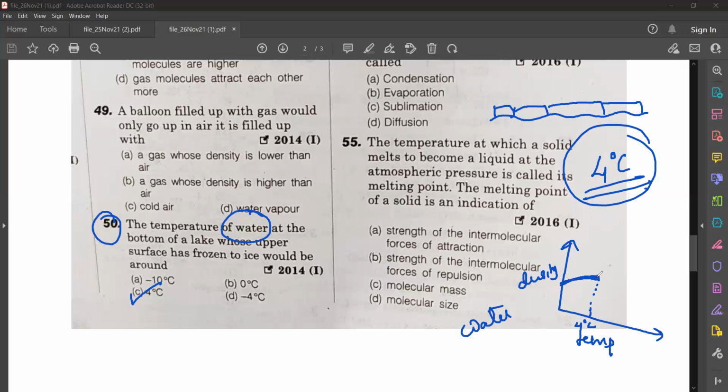Beyond 4 degrees Celsius, density of water will be decreasing. So in this region, density increasing; in this region, density decreasing. That is the importance of 4 degrees Celsius. So that's all. We'll see in another video with more questions. Thank you so much.